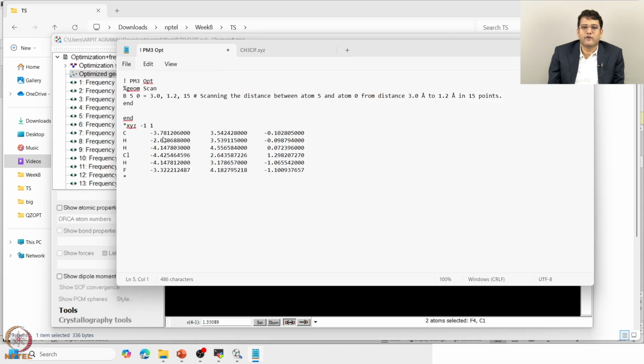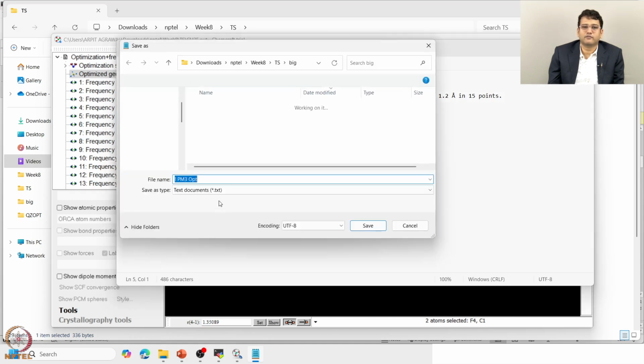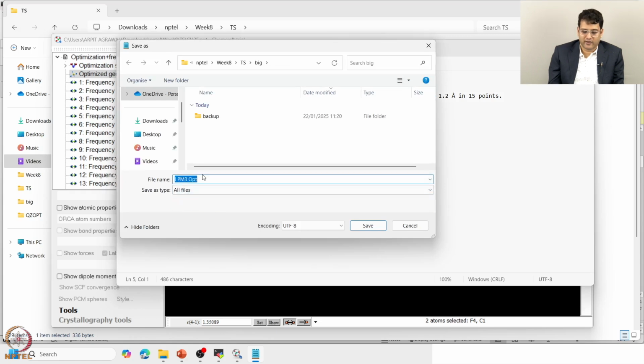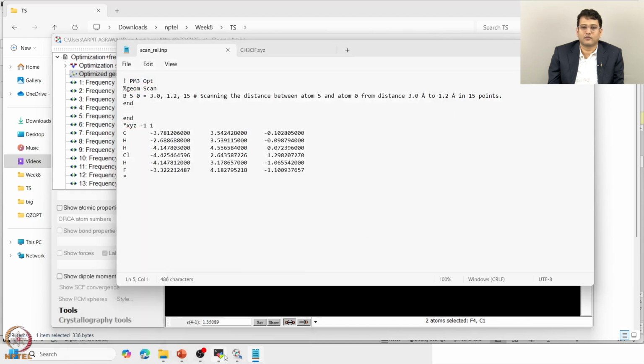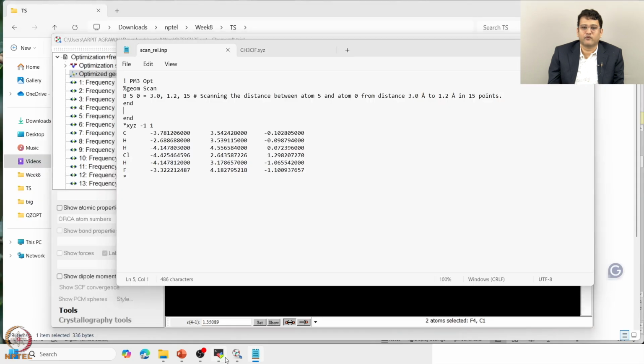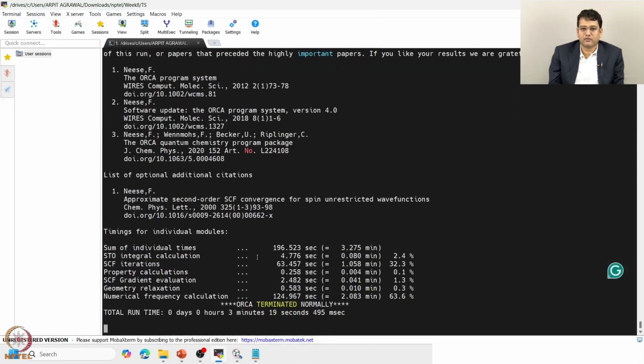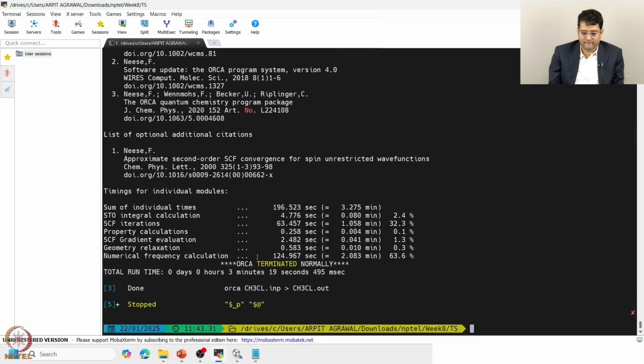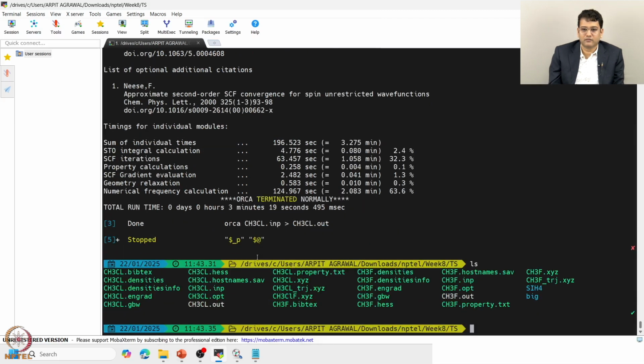So, let me save as scan rel dot inp. So, I am in the same folder. I have not saved it in the same folder, or what?